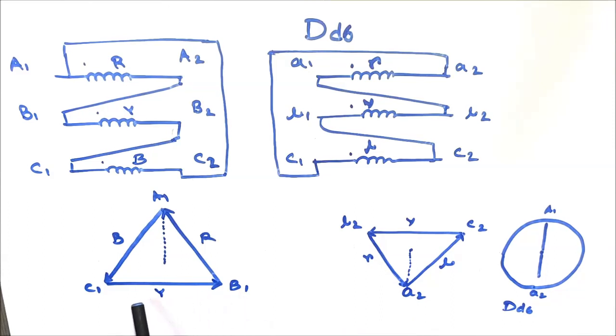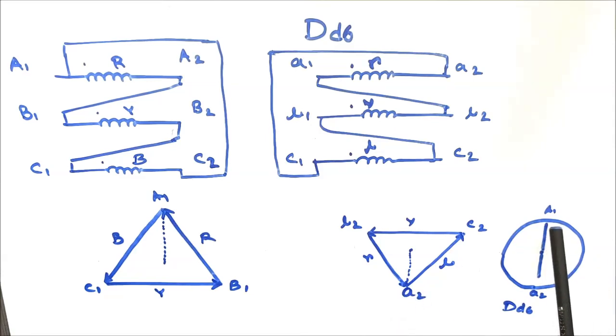Similarly, for the Y phase it is the opposite polarity, and similarly for the blue phase. If I draw the virtual neutral and connect it towards the connection terminal, that is A2, it will show the clock position of 6 o'clock.